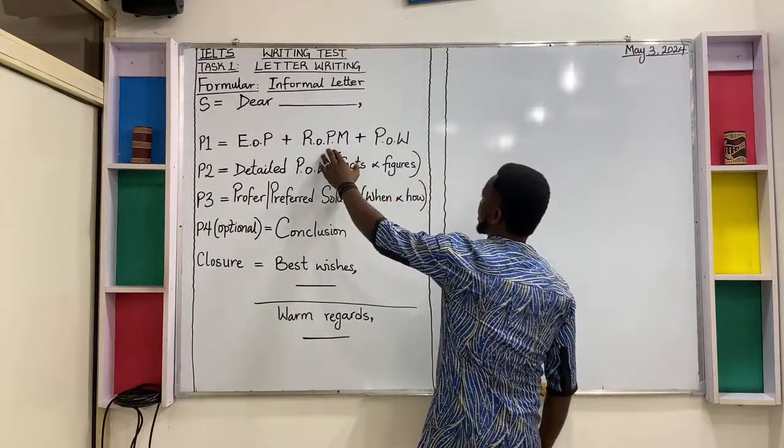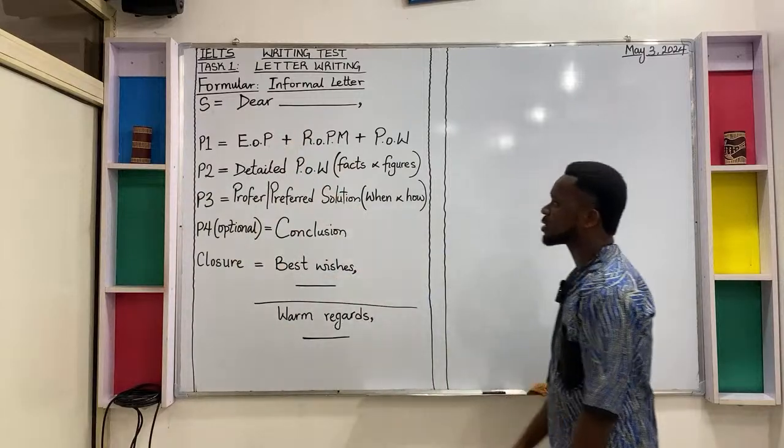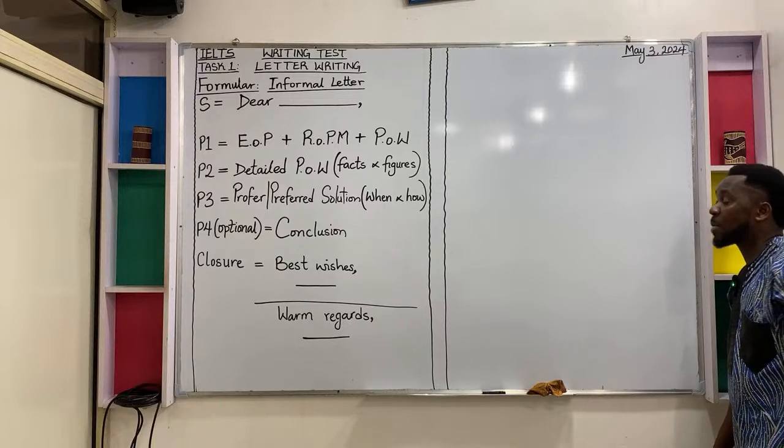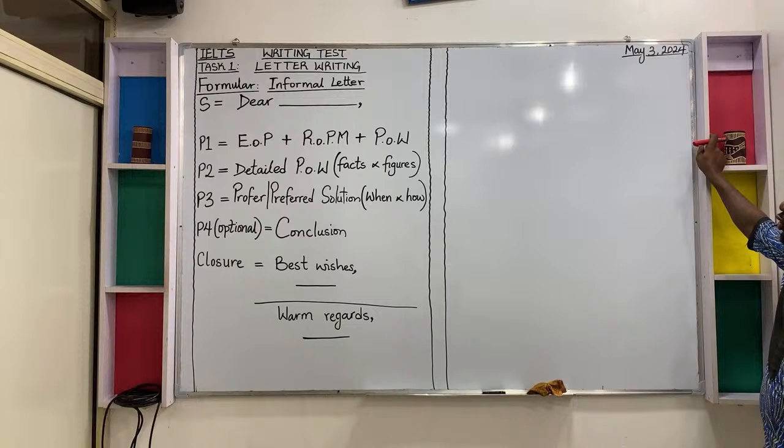Then after that, you want to talk about a particular scenario that happened that you want to recall. It could be their previous visit to your school, maybe during an occasion that they attended.